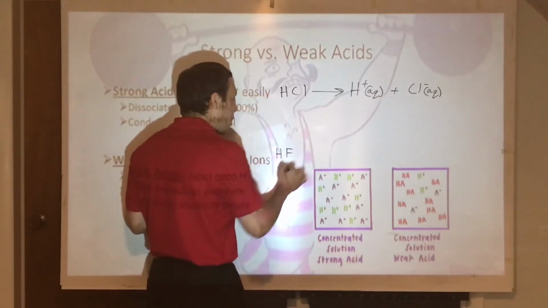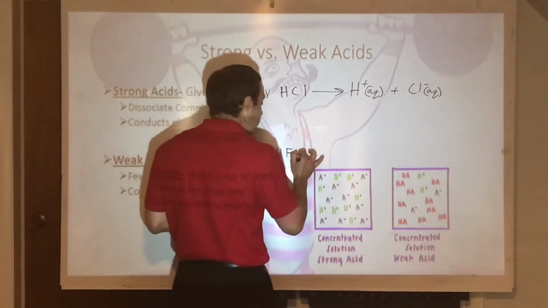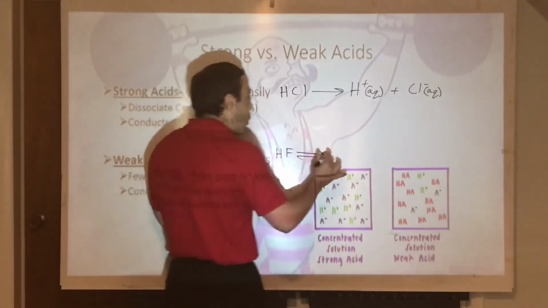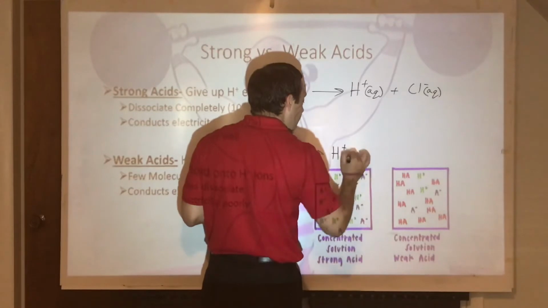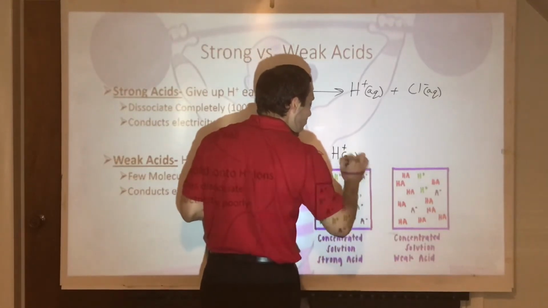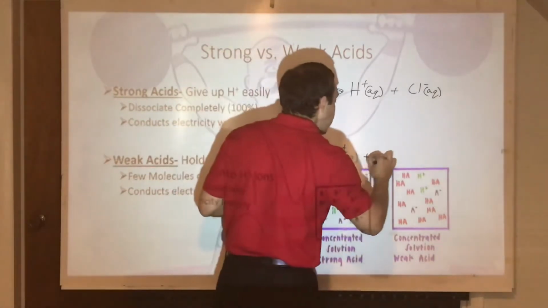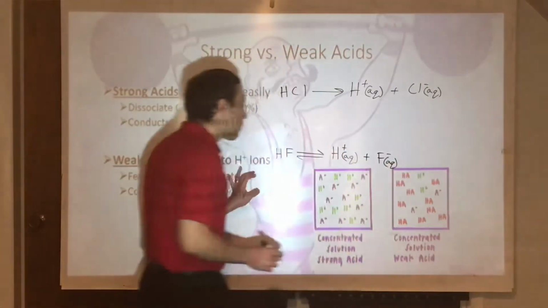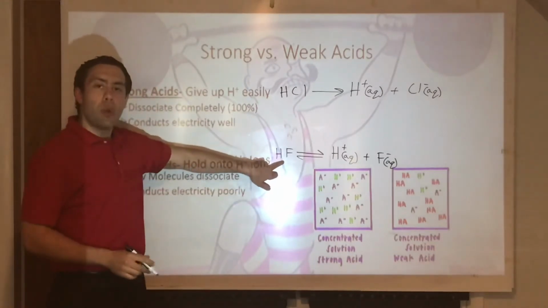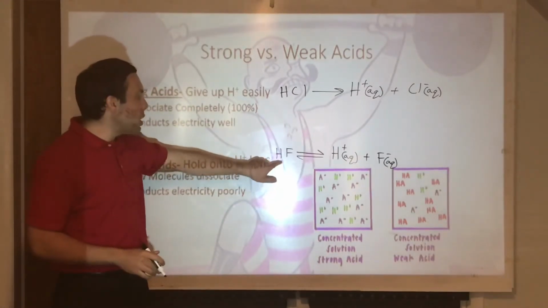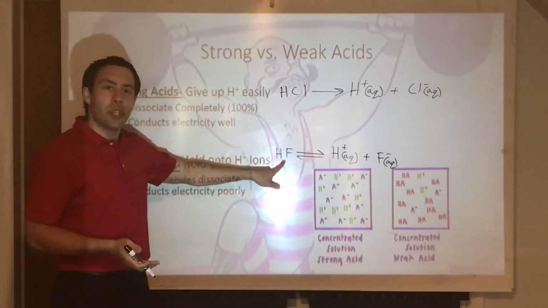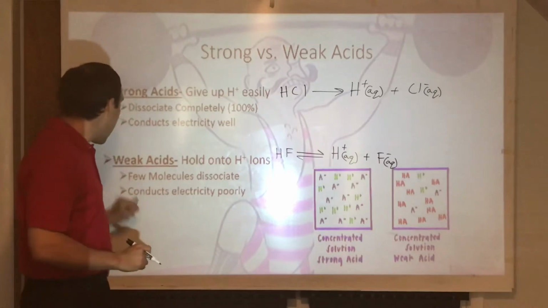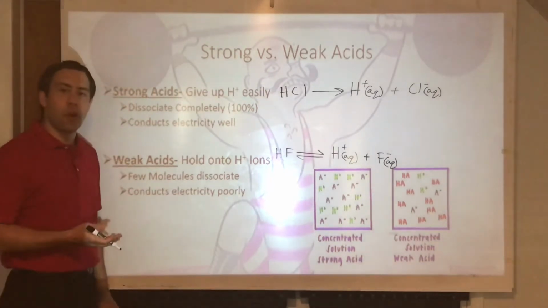HF, when it's dissolved in water, I'm going to draw a double arrow because while there will be some H+ ions and fluoride, F- ions, most of the HF will not dissociate. So you'll see more HF in solution than you will see H+ and F- ions in the solution. And weak acids will conduct electricity very poorly.